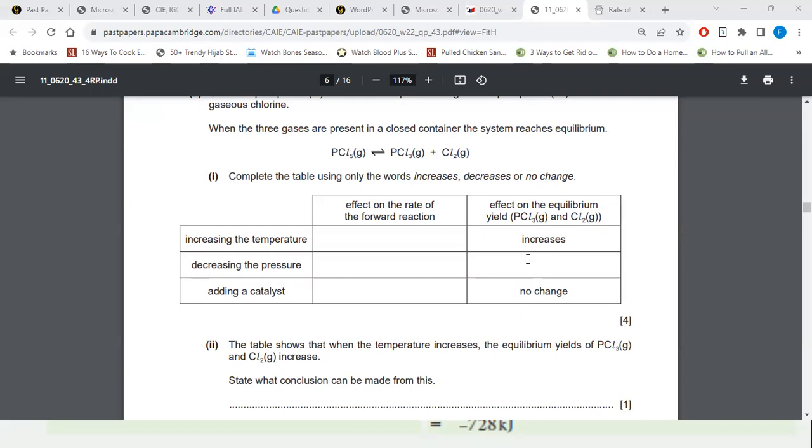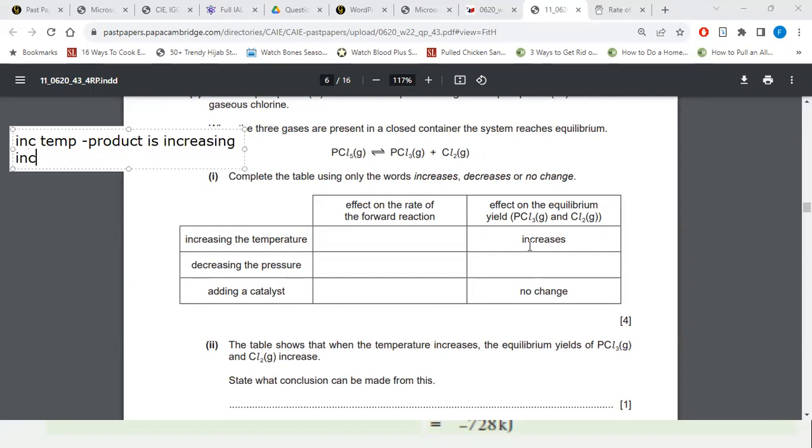Okay. So let's take a look. What are they saying? In the exam, they have told us, we did not figure it out. They have told us that if we increase the temperature, the product is increasing. That's what they told us in the exam. Here in the table, it says product is increasing.